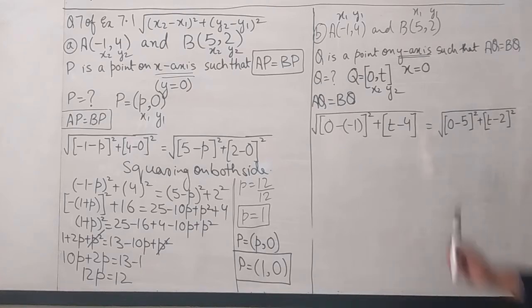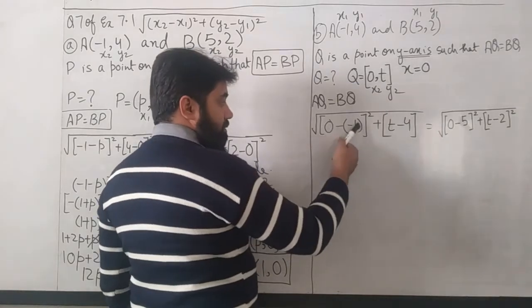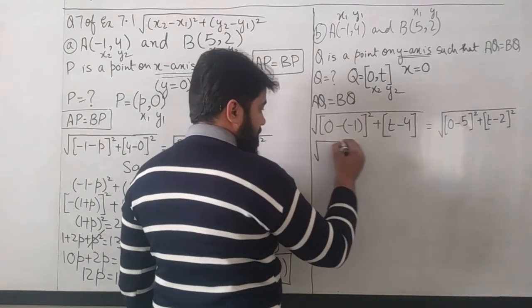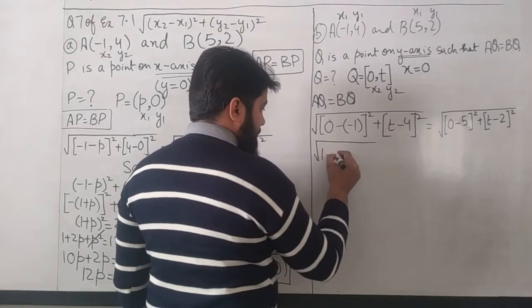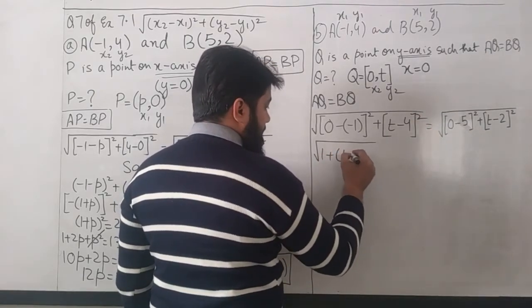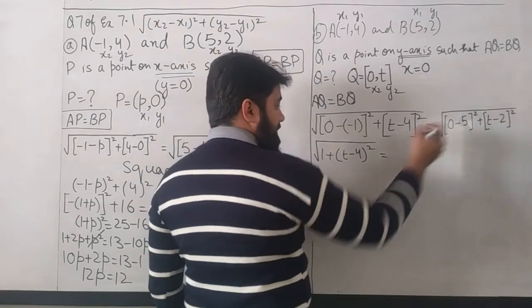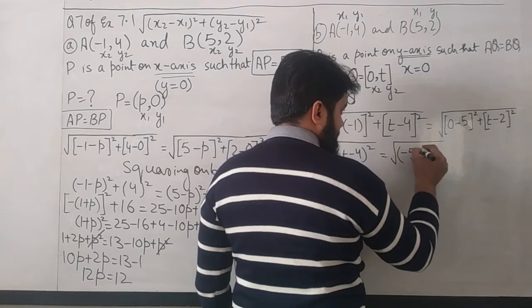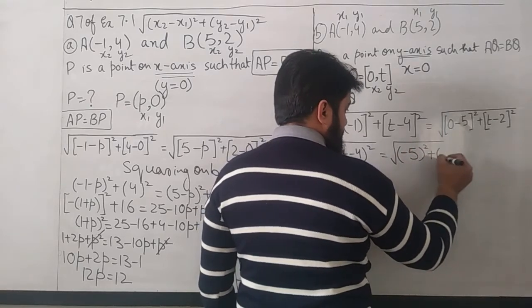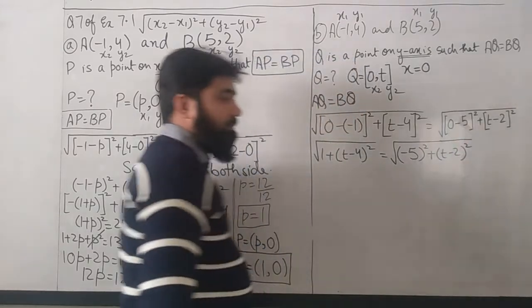Okay, now simplifying it, minus minus plus 1, so 1 plus t minus 4 whole square, 0 minus 5 will be minus 5, plus t minus 2 whole square.